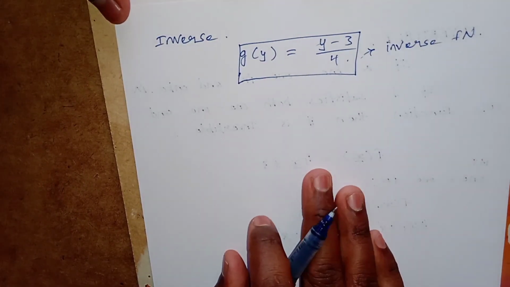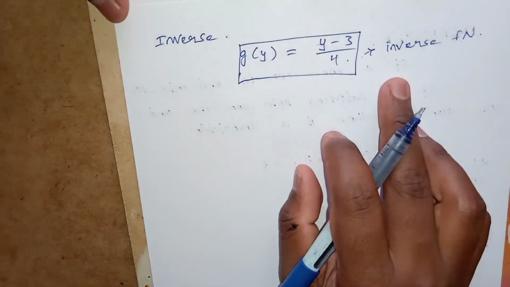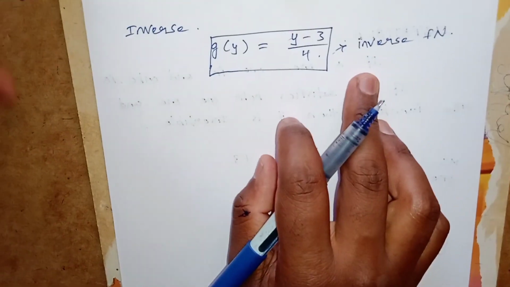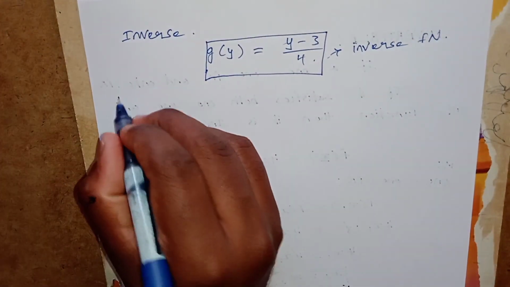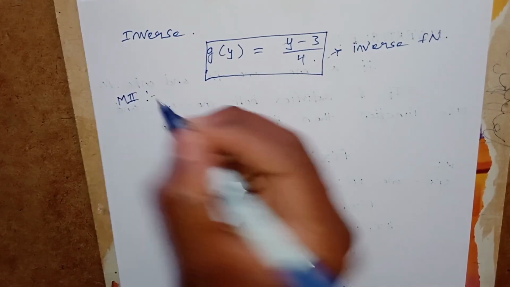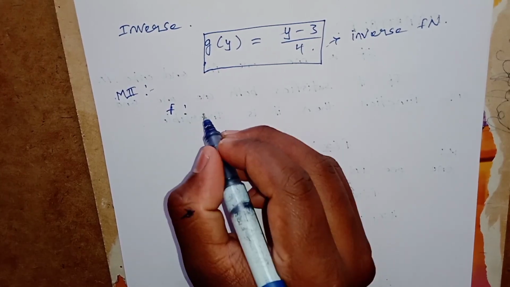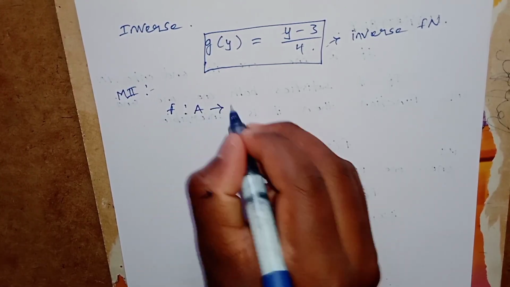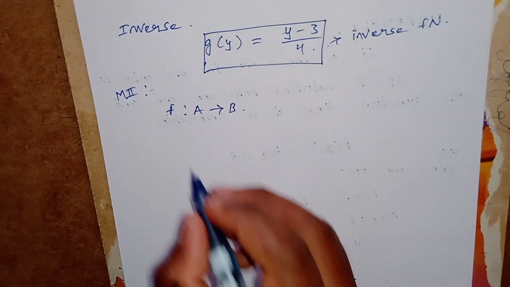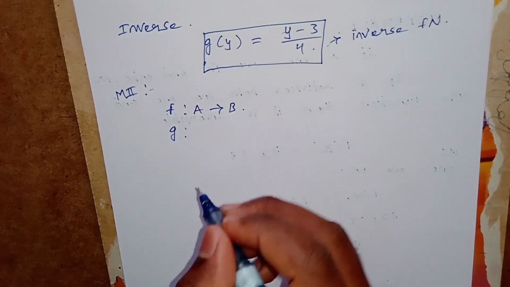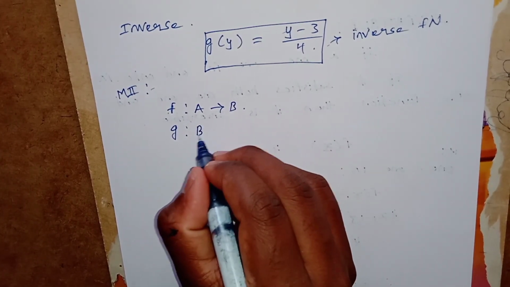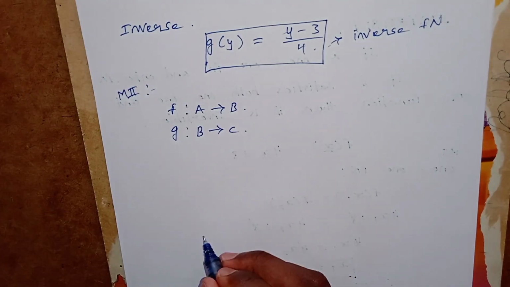Okay, I hope it is clear. Now method 2. In method 2, a function f relates a to b, and g relates b to c.